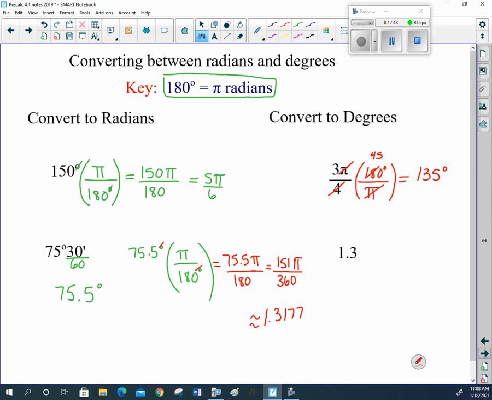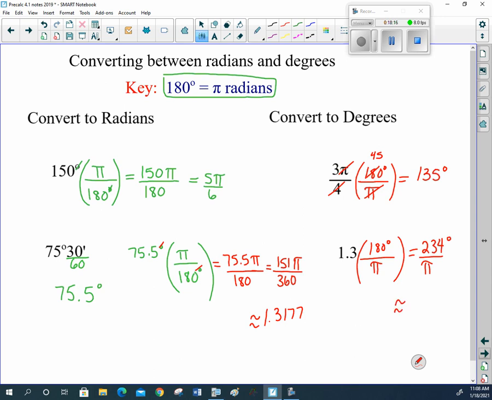Okay, so down here on this one on the bottom, 1.3 radians, there is no degree symbol. So when I go to convert it, I'm converting to degrees, so I'm going to put the 180 degrees on top and the pi on the bottom. Okay, so 1.3 times 180 is 234 over pi degrees. This one we would probably keep going.